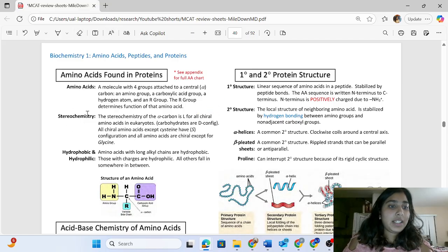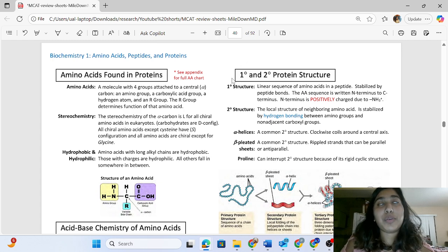Okay, next we come to the stereochemistry of it. All the amino acids are chiral carbons except for glycine, because glycine has R group also as H. Because it has 2 H, it's not a chiral carbon. For a carbon to be chiral, it should have all four groups different.